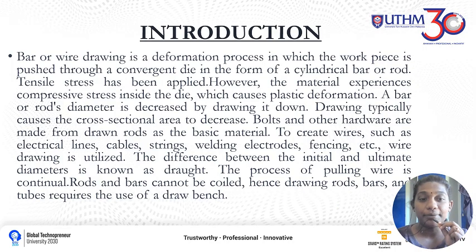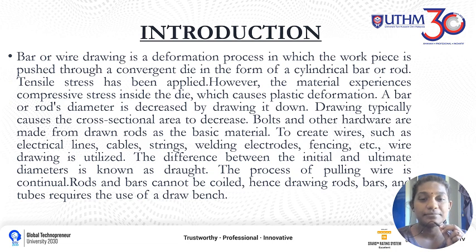Introduction. Bar and wire drawing in metal forming is a deformation process in which the workpiece is pushed through a convergent die, forming a cylindrical bar or rod. Tensile stress is applied along the workpiece.